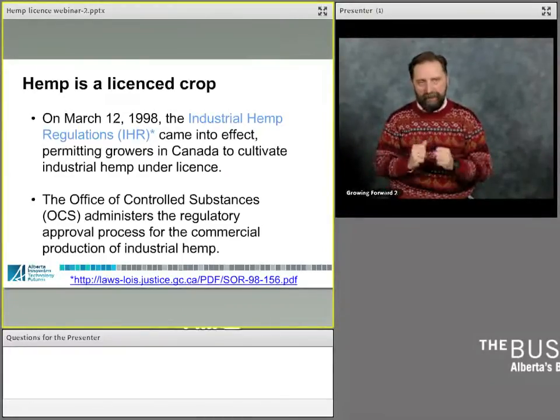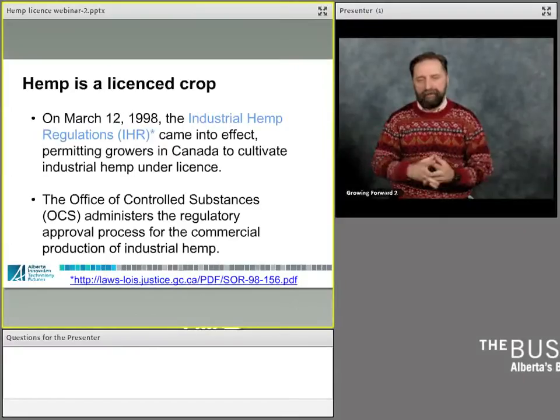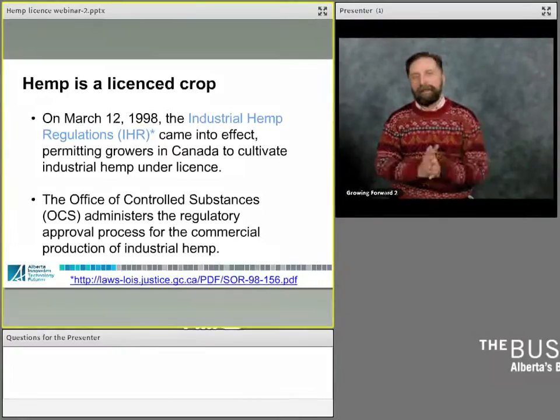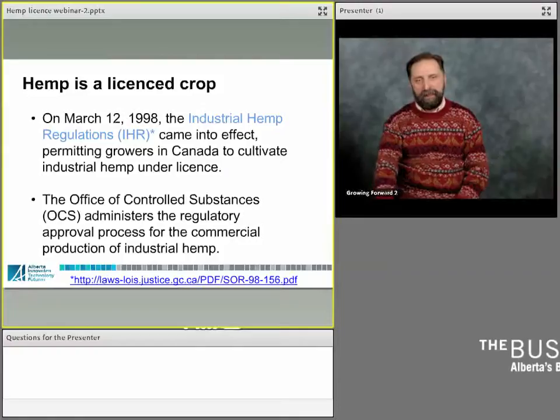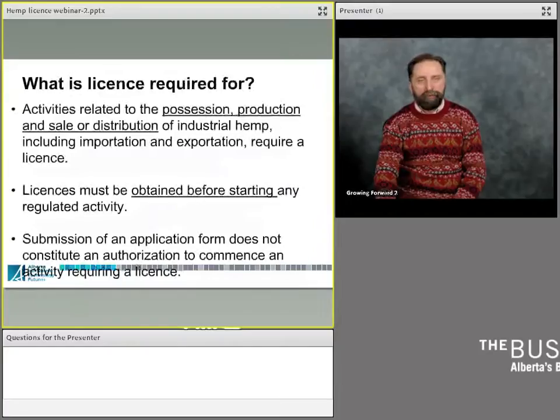The Office of Controlled Substances with Health Canada administers the regulatory approval process for commercial production of industrial hemp. I will be referring to this later on: the Office of Controlled Substances with Health Canada is the office that regulates and issues licenses for industrial hemp.